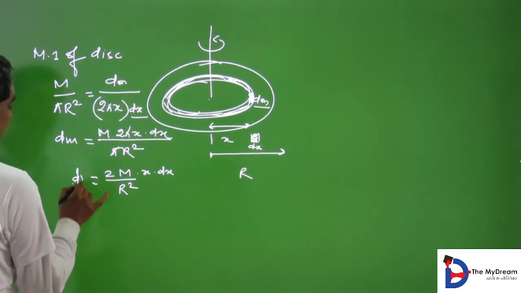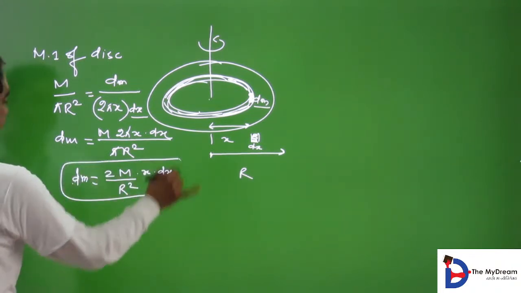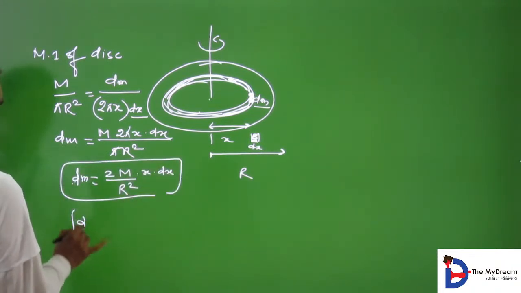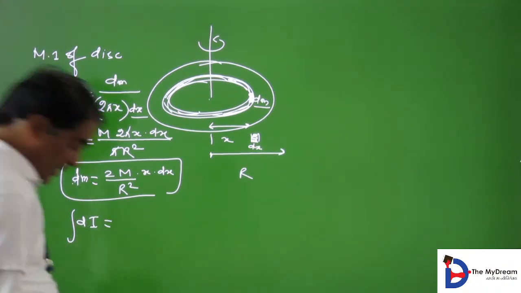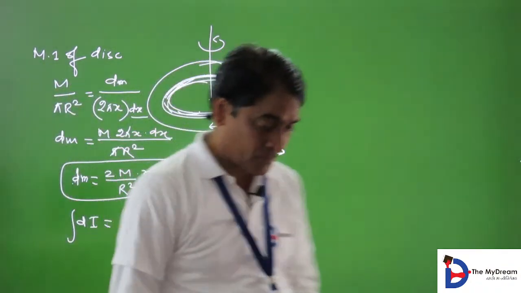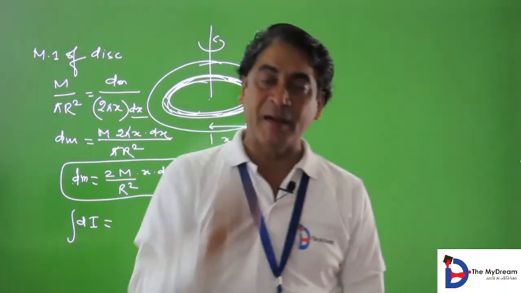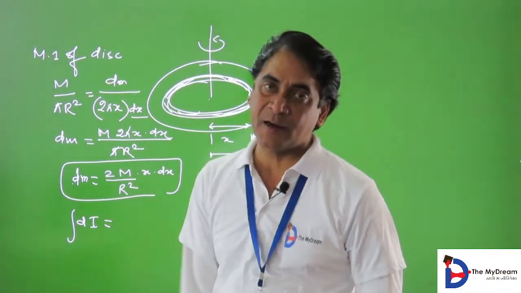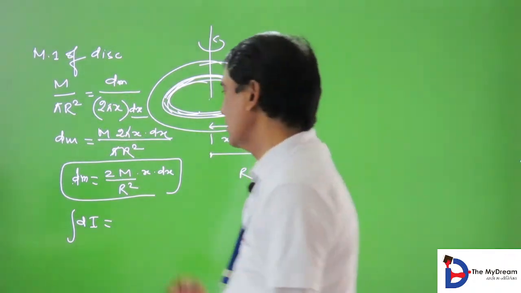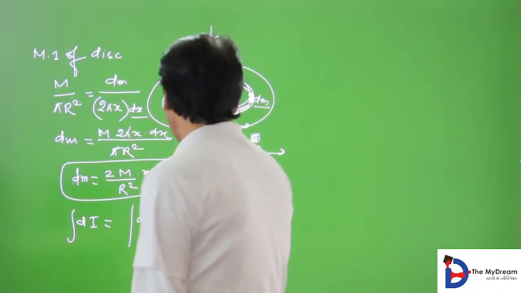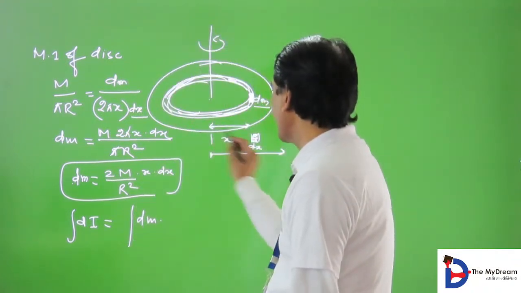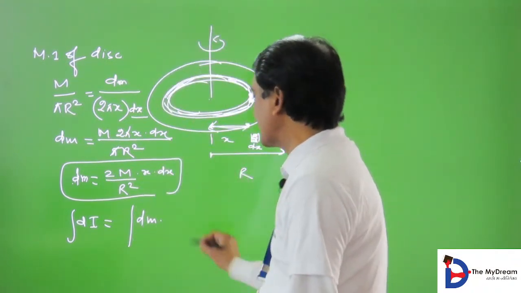So delta m. And you want to know the moment of inertia of this small element passing through the center and perpendicular to its plane. Then you can write delta m into, what is the distance from here to here? It is not r, beta, it is x.